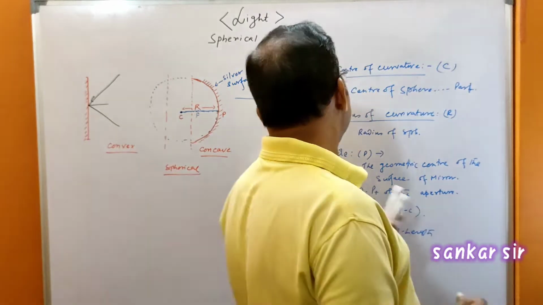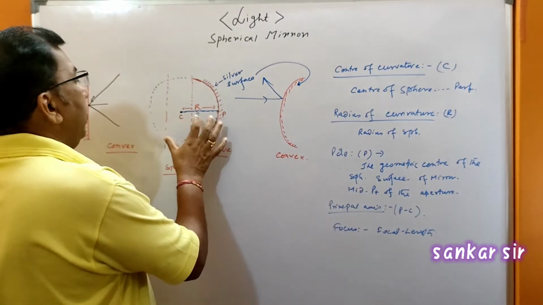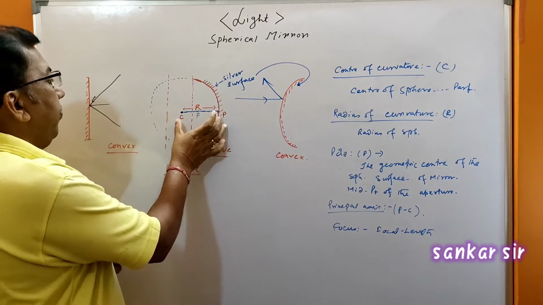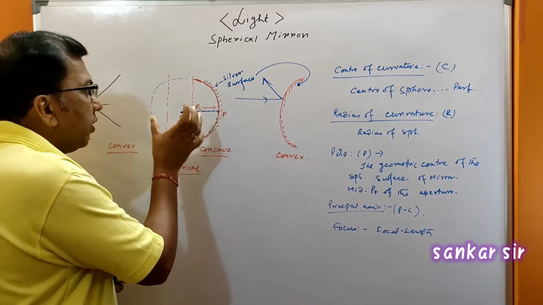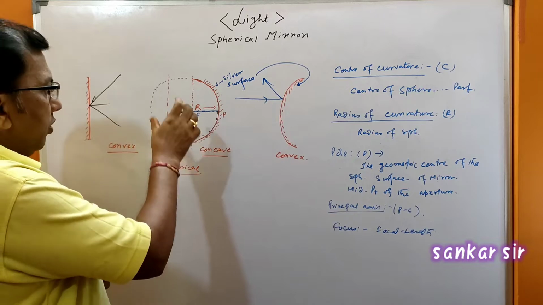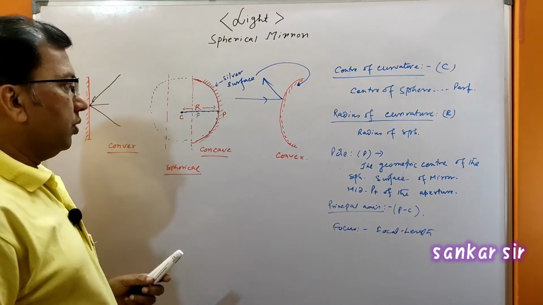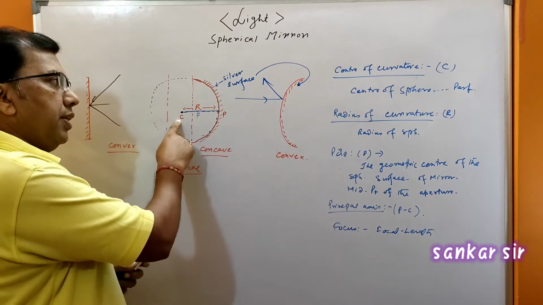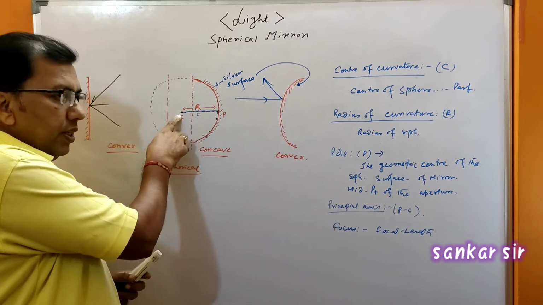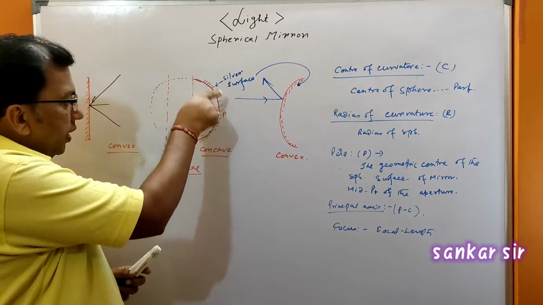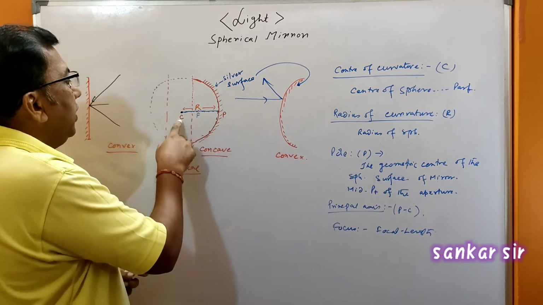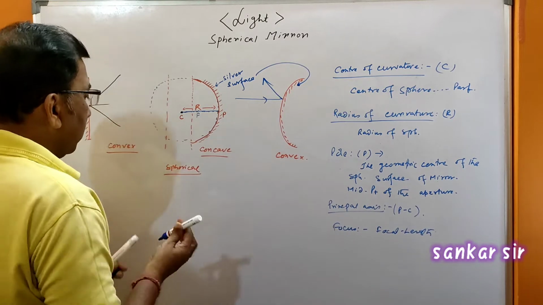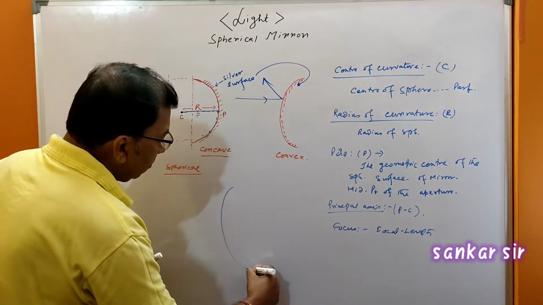So what is the center of curvature? It is the center of a sphere, of which the spherical mirror is a part. It is denoted by C. So in this mirror, this is the center of curvature, denoted as C. This lens also.